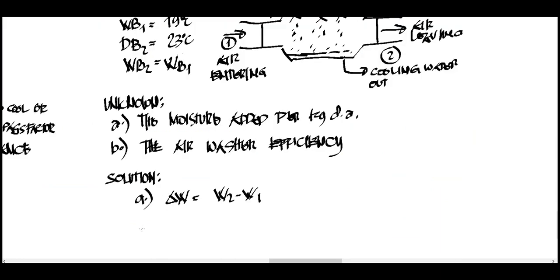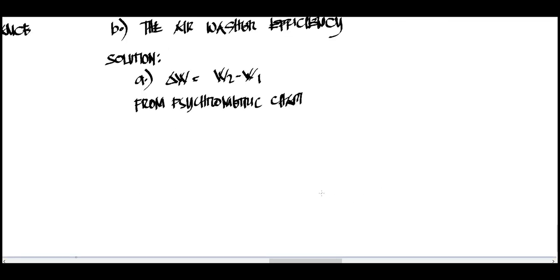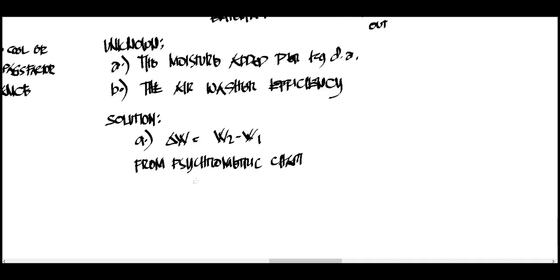So we can write here, from the psychrometric chart, we have the values of humidity 1, which is equal to 0.0081 kilogram per kilogram dry air.